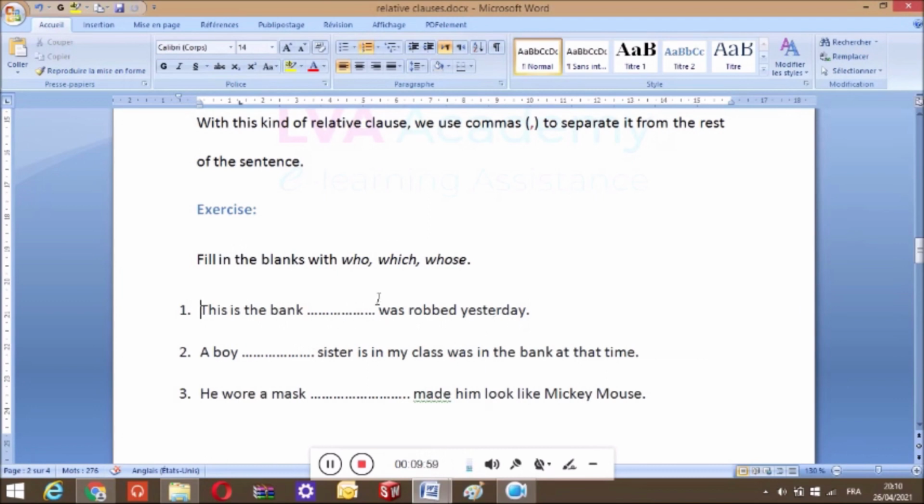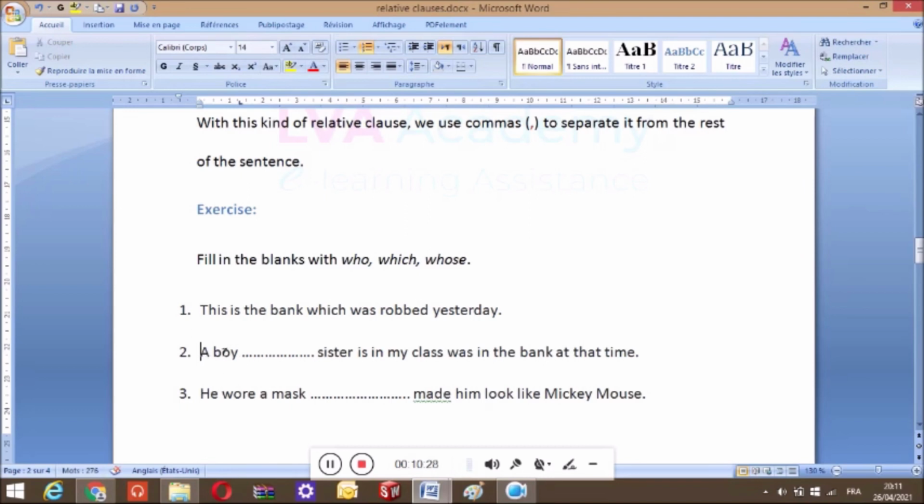Now here, what shall we use? Who, which, or whose? Here we have the bank, which is not a person. So here we need to use which. This is the bank which was robbed yesterday.